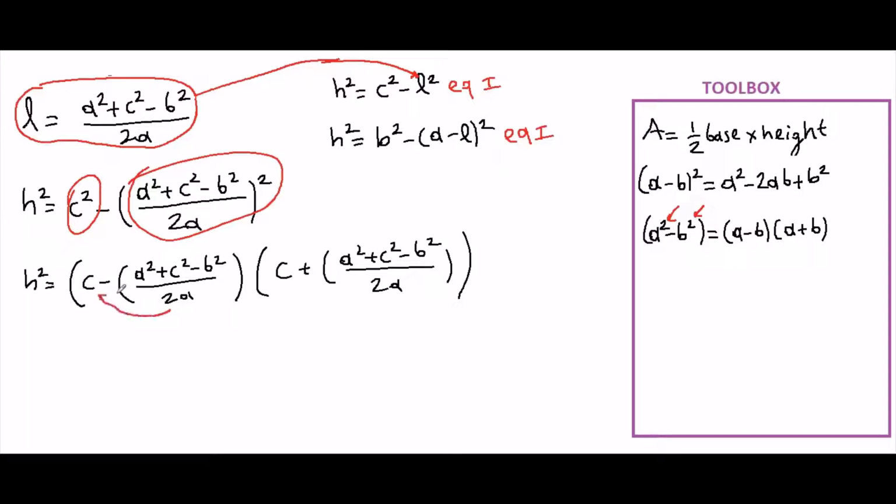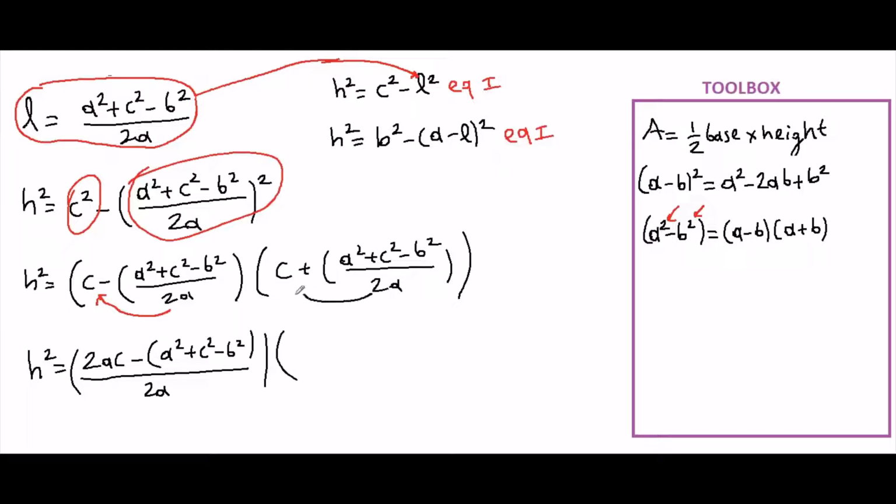We multiply, use the sign, so h squared is equal to c times 2a, which is 2ac, minus everything else here, divided by the same denominator. We'll merge similarly 2ac plus, we don't need parentheses because this is a plus sign, all over 2a.